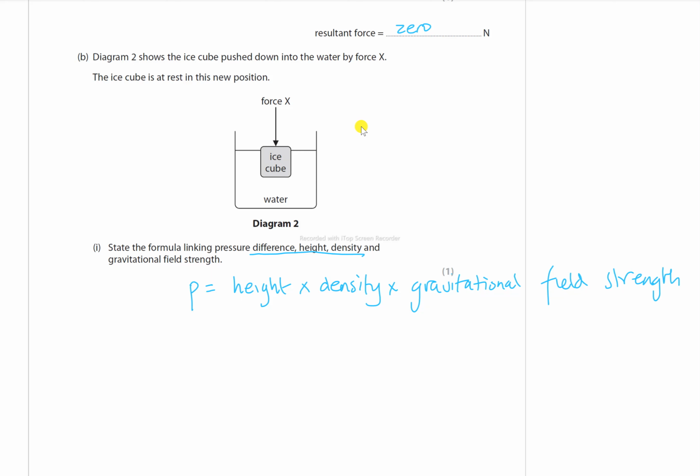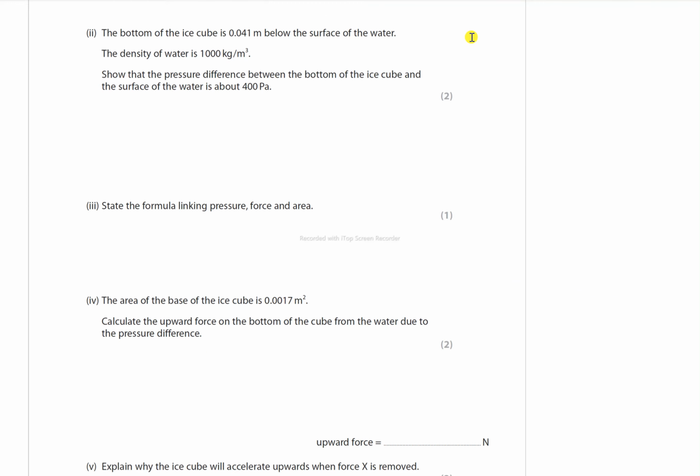Let's change that P to pressure. Let's try to learn the full thing. Okay, that's that done. What's next?